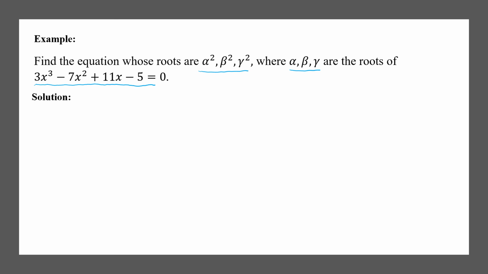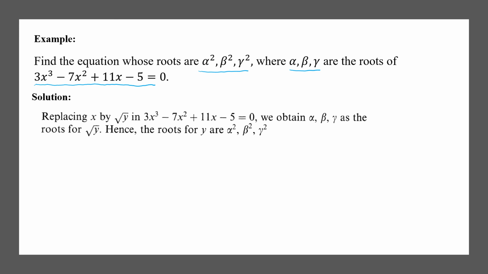So the first step that we need to do is we need to make a substitution. So the substitution we are choosing to make here is it will replace x by root y in the original equation, because the relationship between the original roots and the new roots are alpha and alpha square.